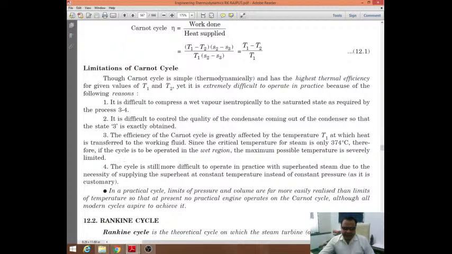That's why this cycle is more difficult to operate in practice with superheated steam, due to the necessity of supplying the superheated steam at constant temperature instead of constant pressure. And as constant temperature maintenance is compulsory in the Carnot principle, it is difficult to achieve this type of process in practice.